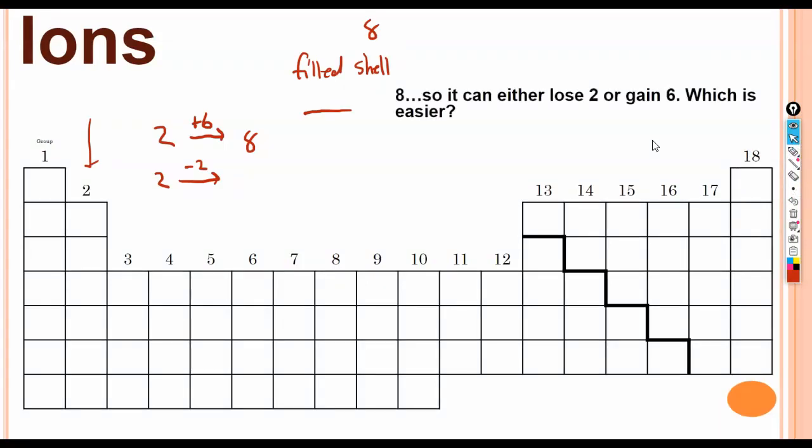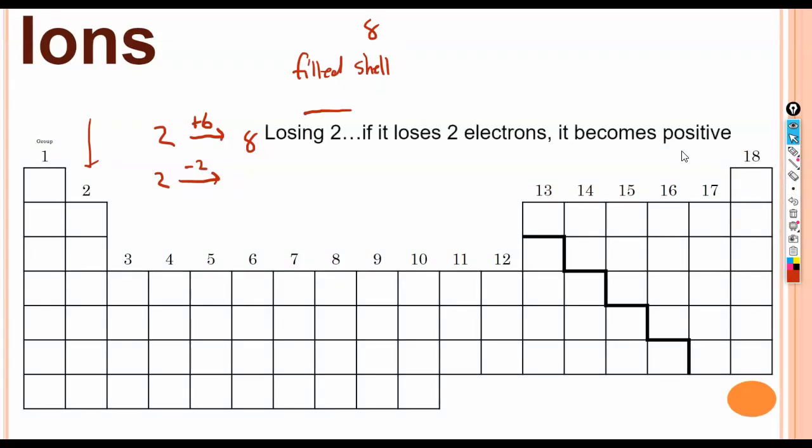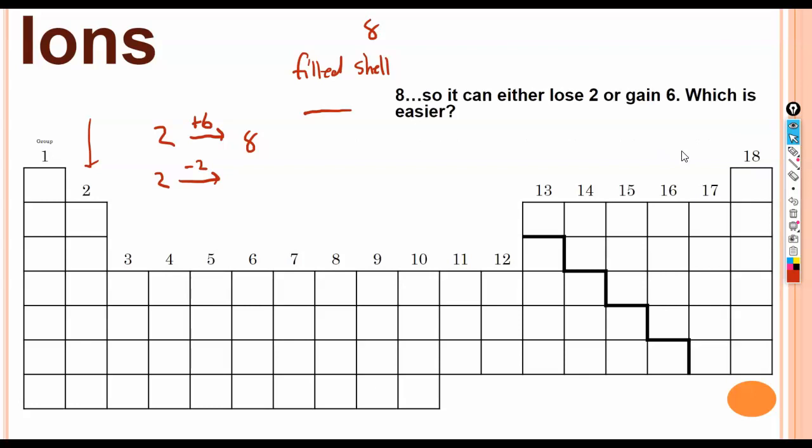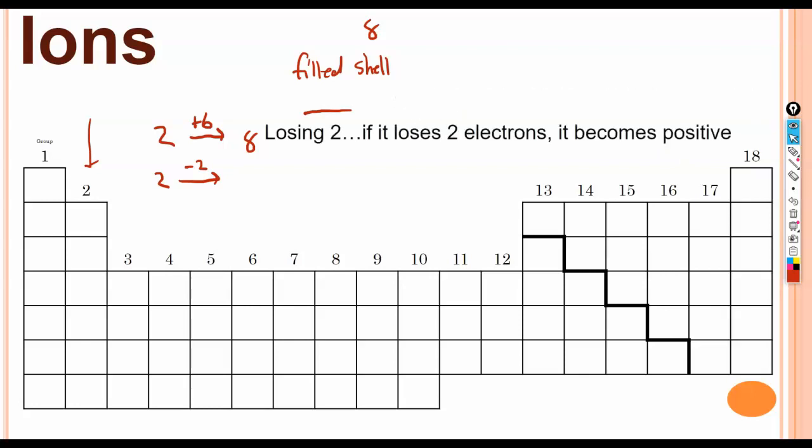All right, so either it can lose 2 or gain 6, which one is easier? The answer is losing 2. It's not likely to gain 6 electrons just randomly, but losing 2 electrons is a lot easier than gaining 6 electrons.